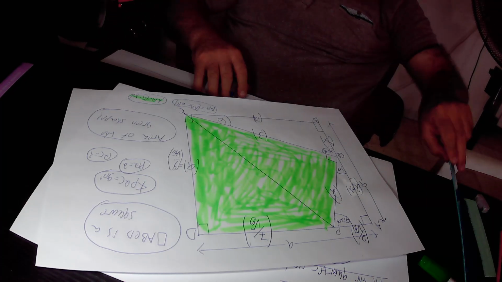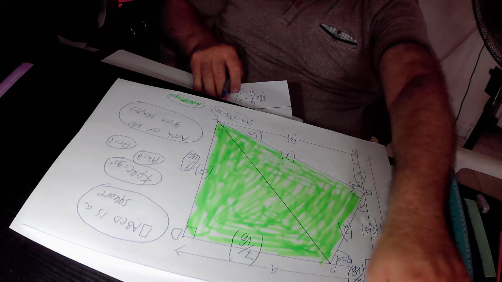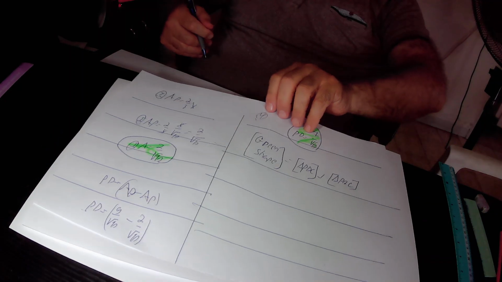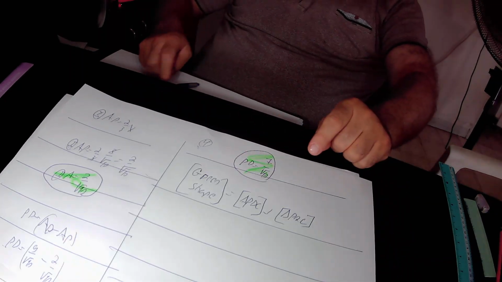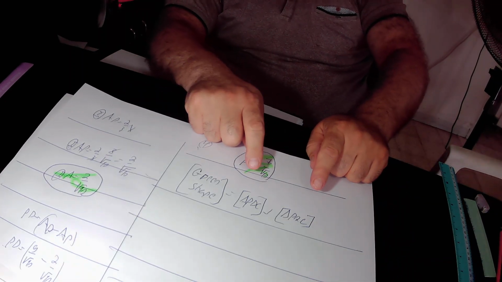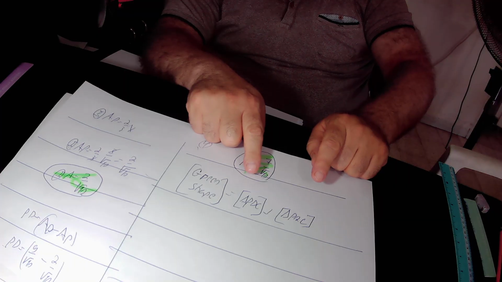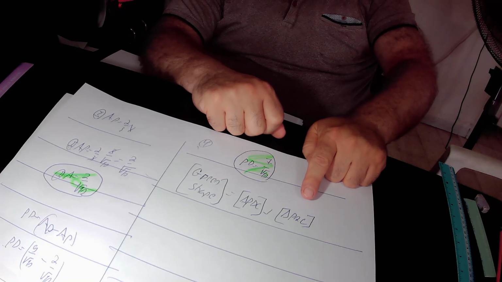So the area we are looking for in this question, the area of the green shape, is equal to the sum of the areas of the two components that it consists of.